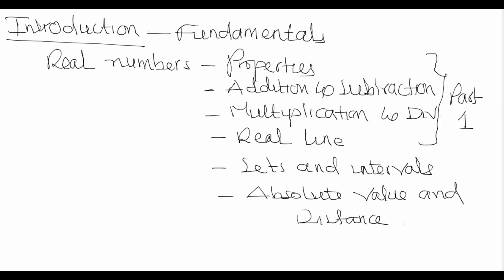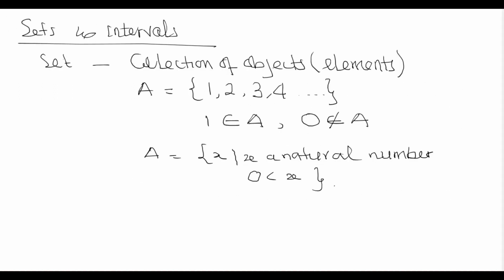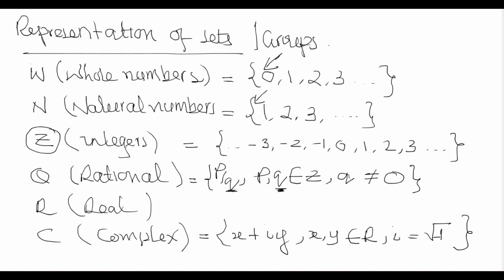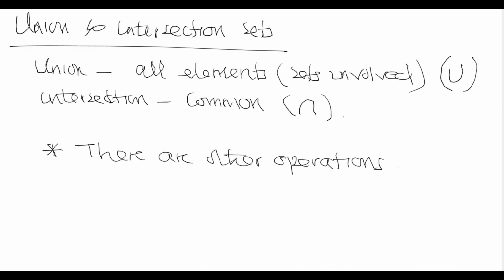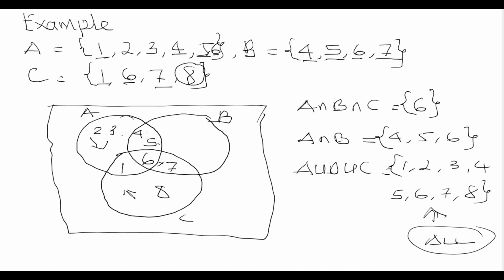So in summary, we looked at the real numbers, their properties. Then we went on and looked at sets and intervals. Here we gave an example and showed a few groups, whole numbers, natural numbers, and so on. Then we looked at union and intersection of sets.